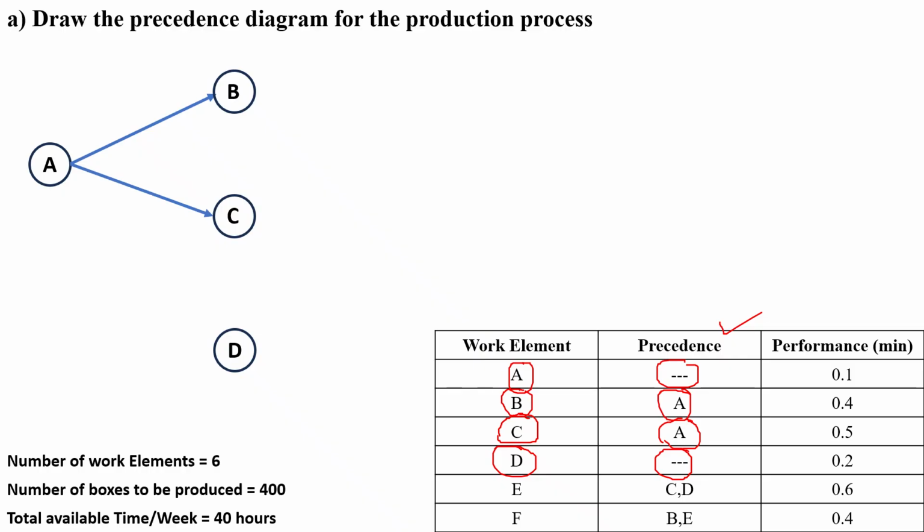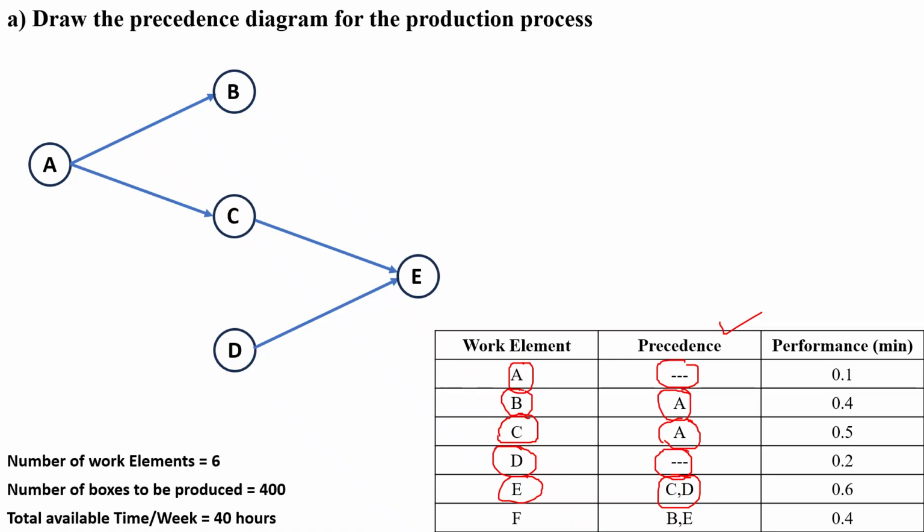Next element is E. For work element E, the precedence work elements are C and D. So after completion of C and D, work element E will start. So we have to draw the work element E like this.